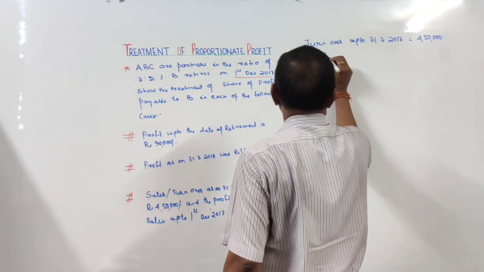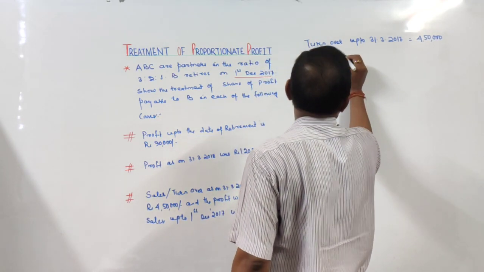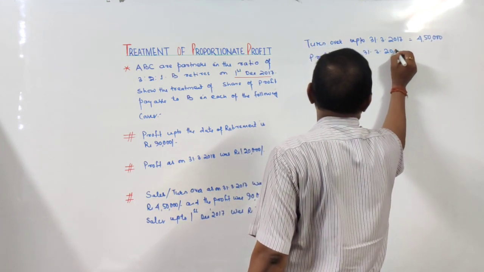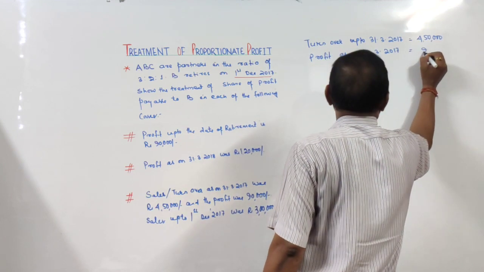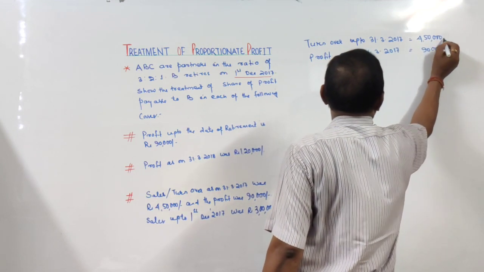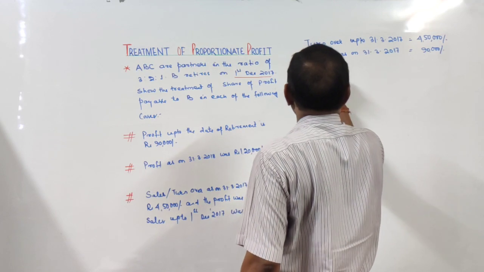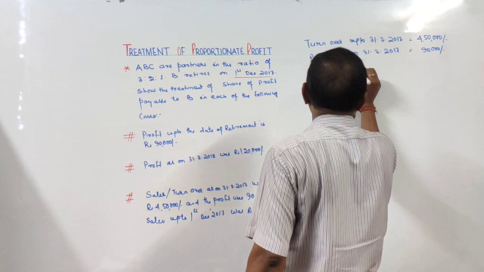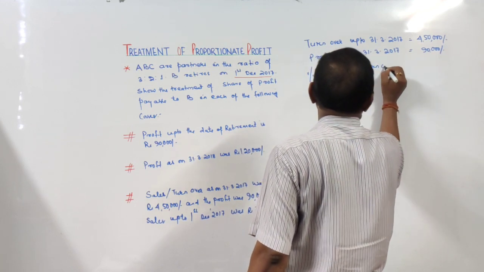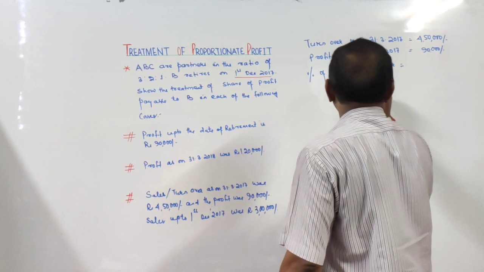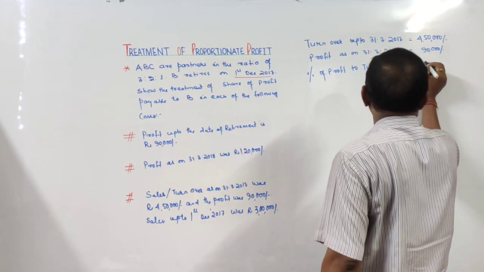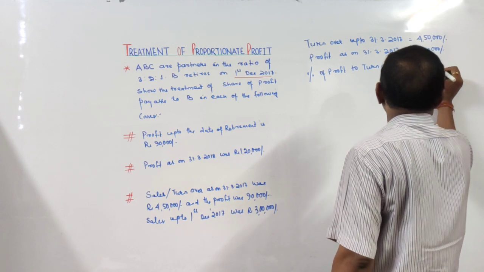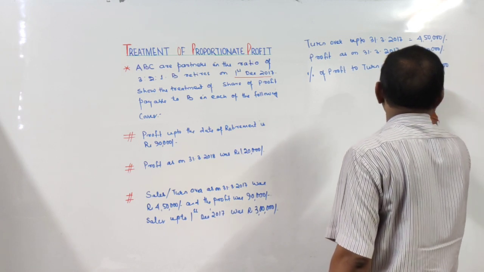Then profit is also given. Profit as on 31st March 2017 is given 90,000. Right? So the percentage of profit to turnover or to sales is equal to profit by turnover into 100.